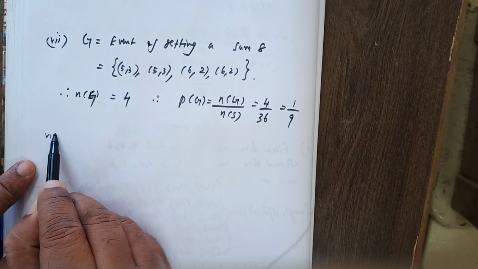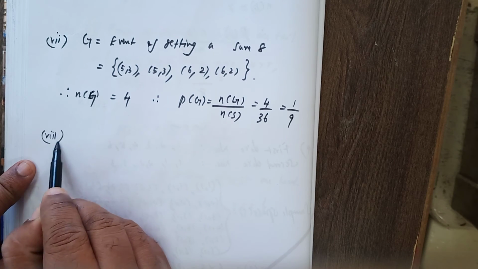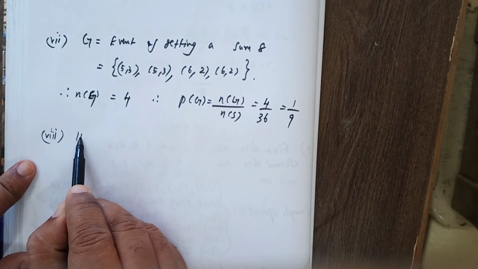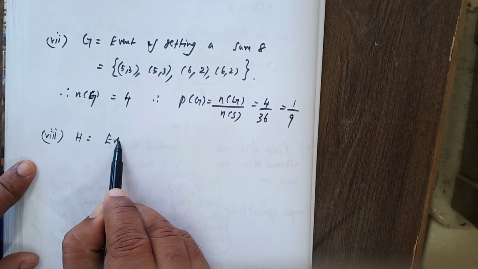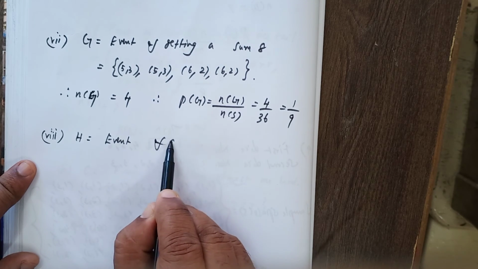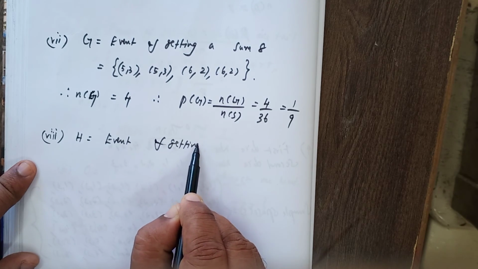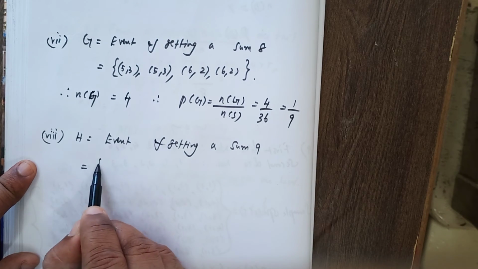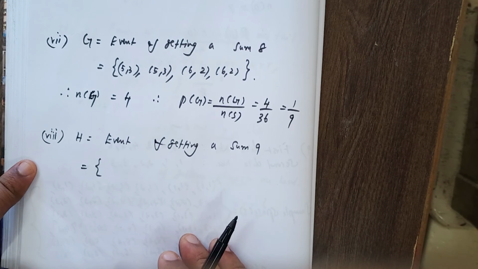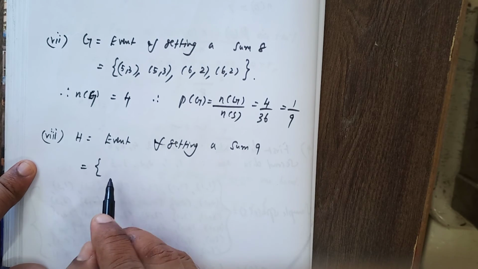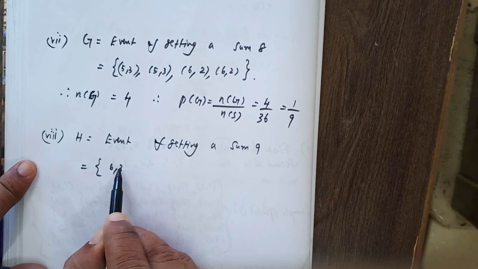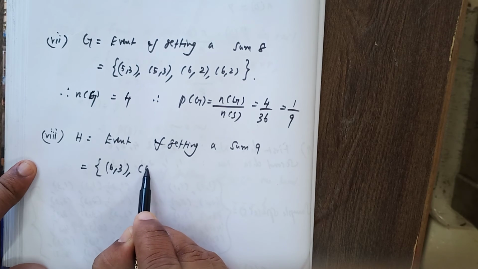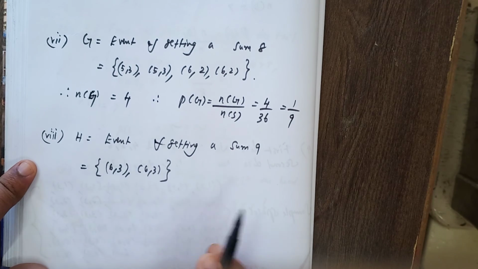Finally, the eighth subdivision, H equals event of getting a sum 9. In the first 5 rows, none. Now in the sixth row we have 6, 3, 6, 3. That's all, only 2.